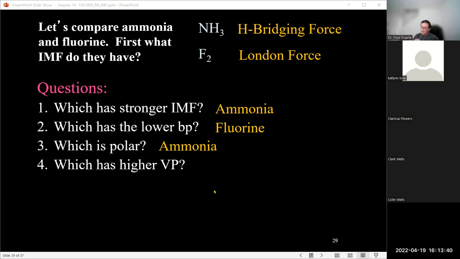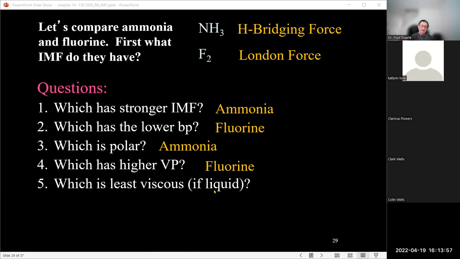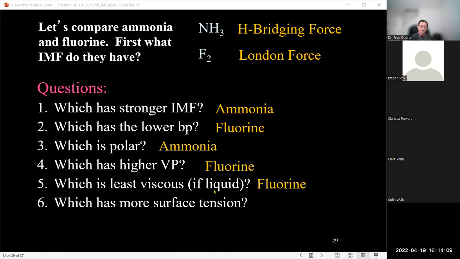Since ammonia has the stronger IMF, it has the lower vapor pressure, which means fluorine, which has the weaker IMF, has the higher vapor pressure. Comparing these two as liquids, which is the least viscous? Again, that would be fluorine, and ammonia will have the more surface tension.